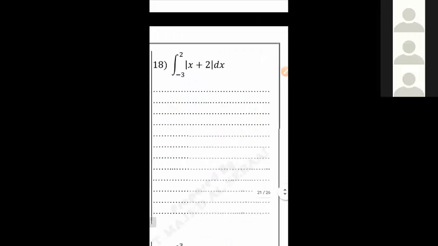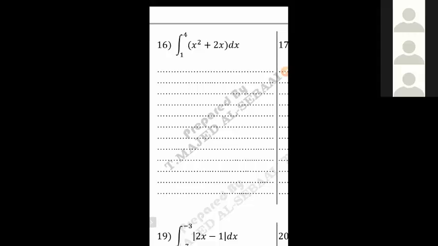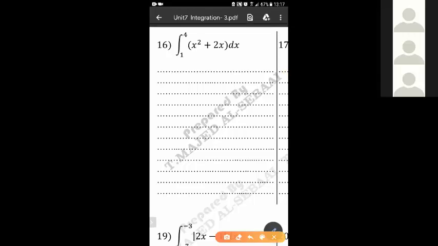Question number 16, another idea. We have x squared and x. If I started saying x is between 4 and 1, will I multiply by 2 firstly or square it?